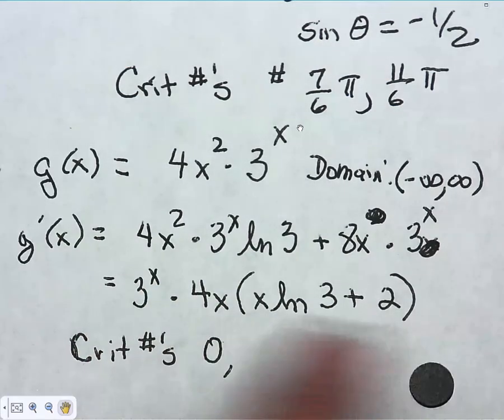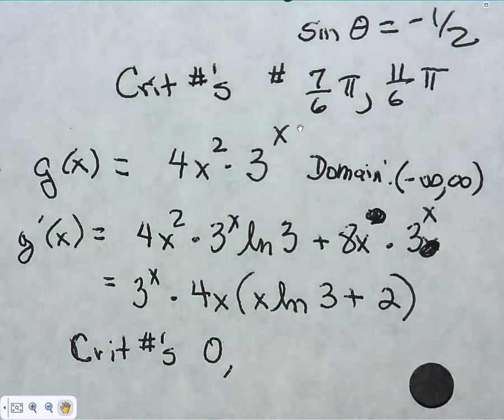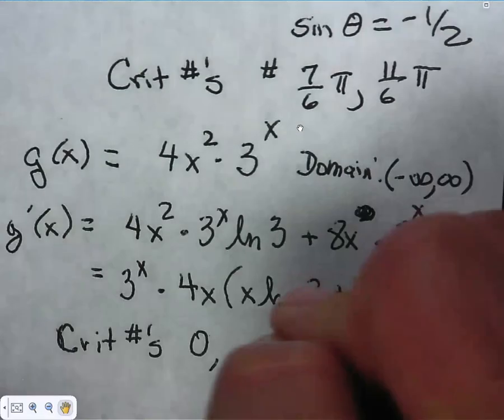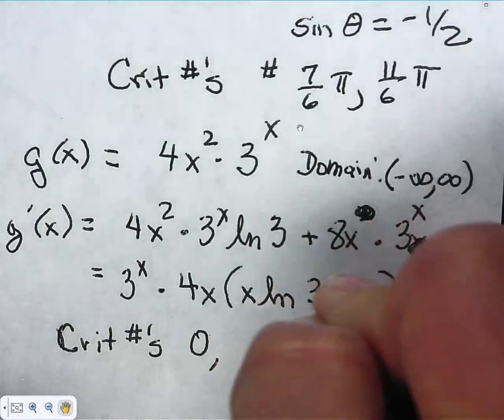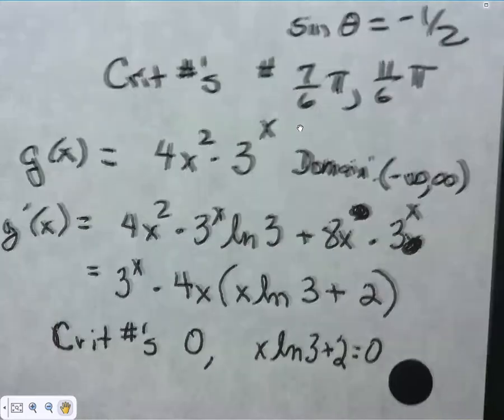What about that other guy? Can you solve that? Tell me first if there's anything that makes it undefined. Well, I can take any number in the whole wide world, multiply it by natural log of 3 and add 2. So nothing makes it undefined, but what about what makes it 0? How do I go about solving that ugly equation?